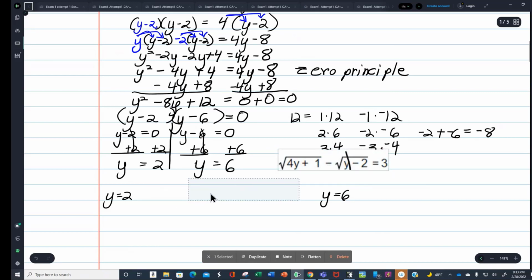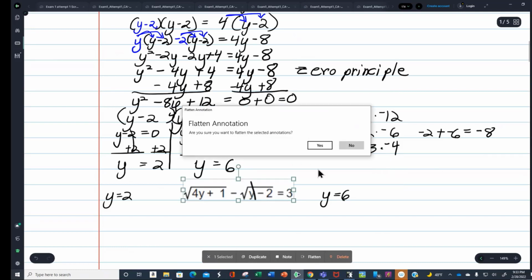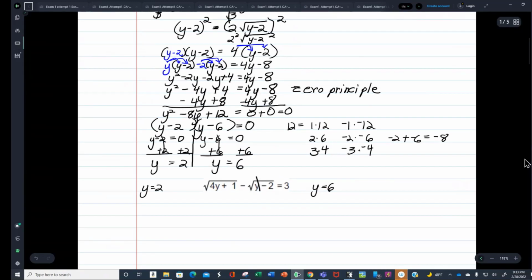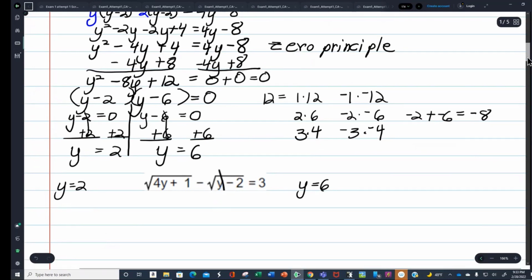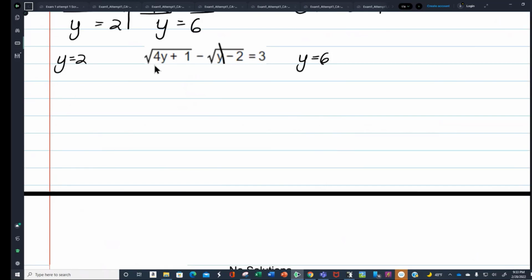Here, we'll put them both here. We'll put that in the middle. Over here, I'll put 2 in for every y, and over here, I'll put 6 in for every y.